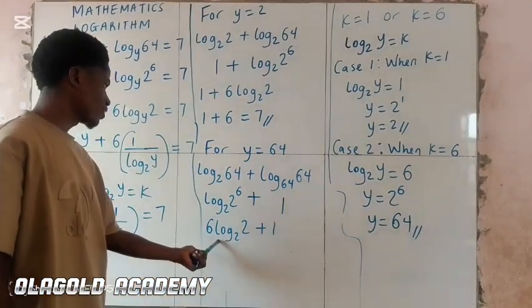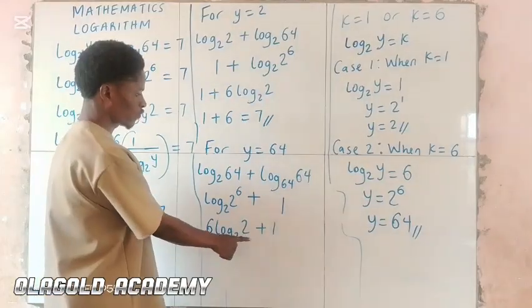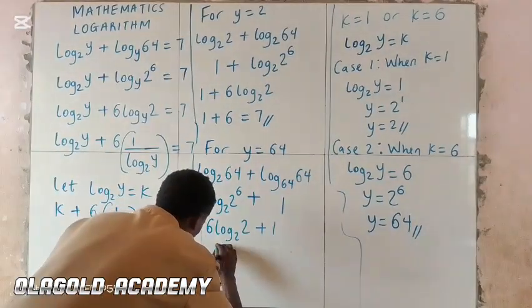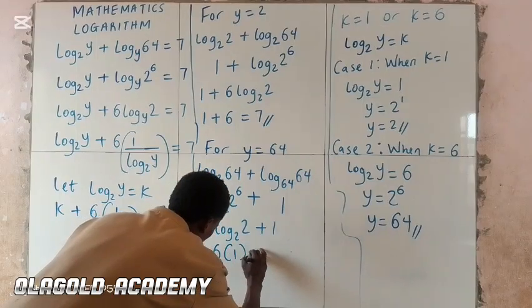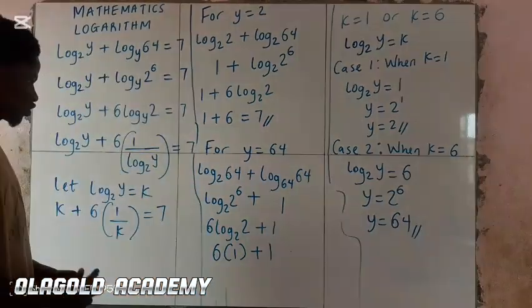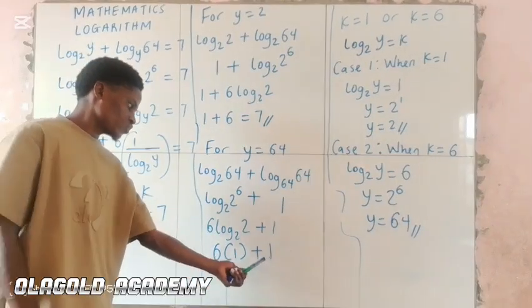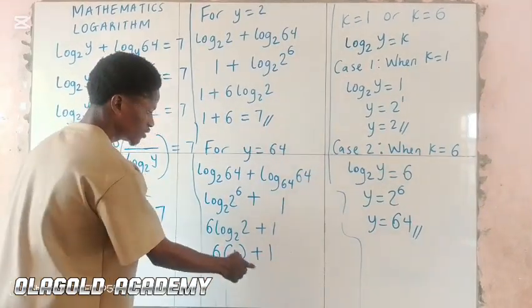From here now, log 2 of 2 becomes 1. So I'm going to have 6 multiplied by 1 plus 1. All right, 6 times 1 will give me 6.